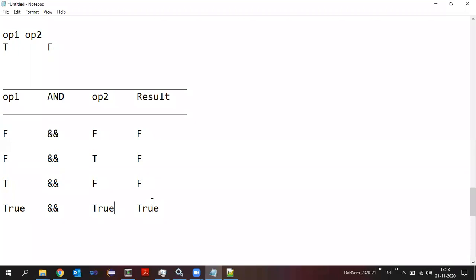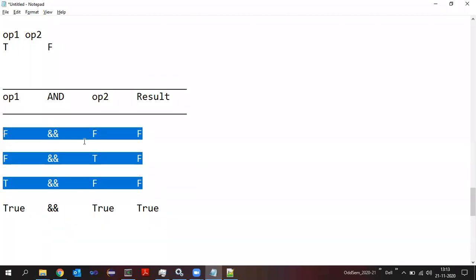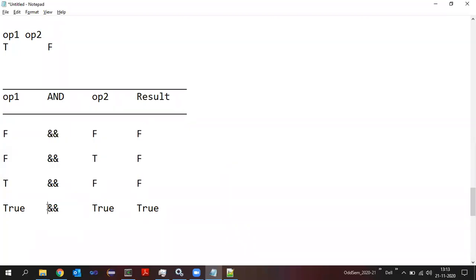In the other cases, it will result in false. Logical AND will provide a true value as the result only when both operands are true. Otherwise, it gives the false value. This is how the logical AND operation works.